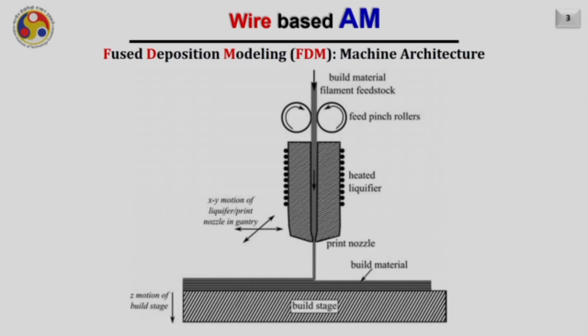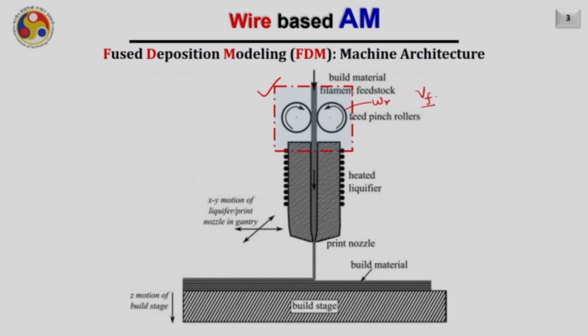So in the previous lecture, we have already discussed this region, which is primarily for feeding the wire into the liquefier, consisting of the pinch rollers. We have also seen what should be the value of omega r in order to obtain the desired velocity of the wire.